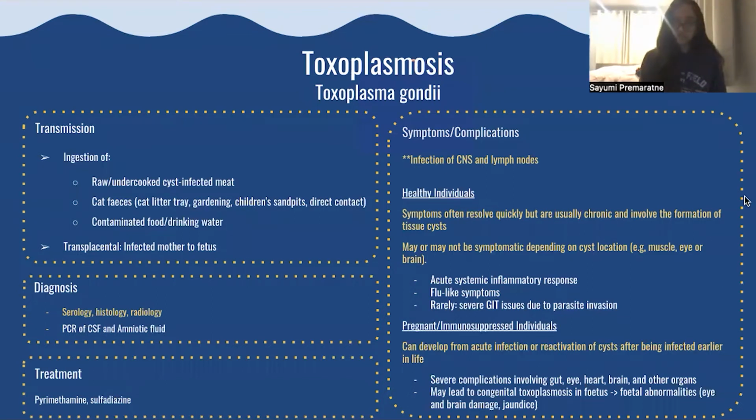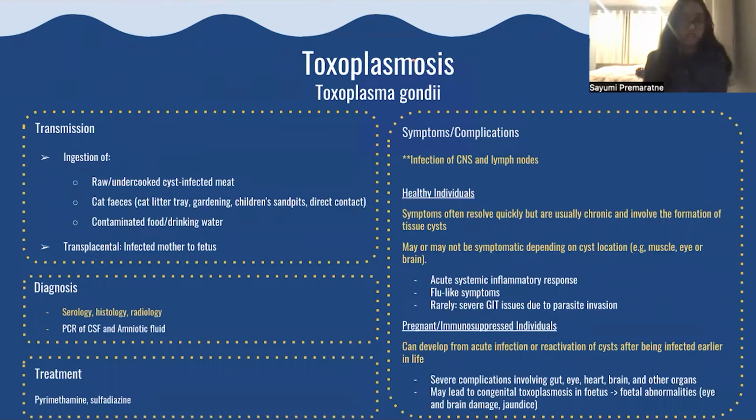But it's a bit more serious if you're pregnant or immunosuppressed, because if you're pregnant, for example, it could lead to a lot of fetal abnormalities, things like eye and brain damage. And where those cysts form, so in your gut or your eye, heart, brain, the complications that you get are just going to be more severe.